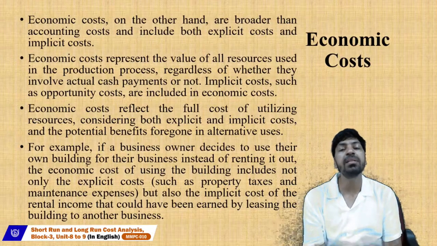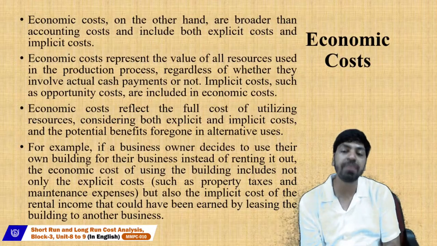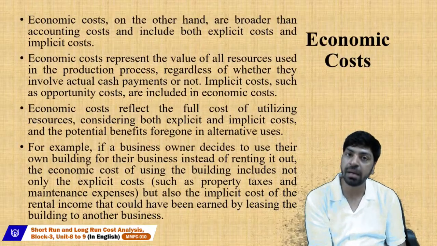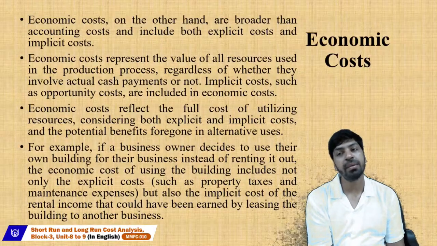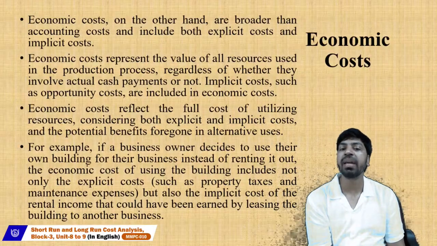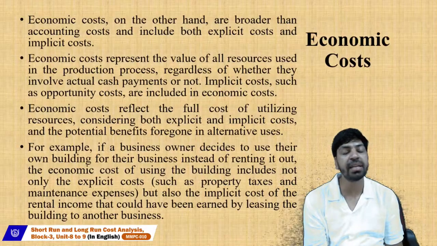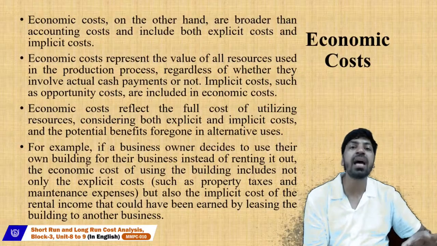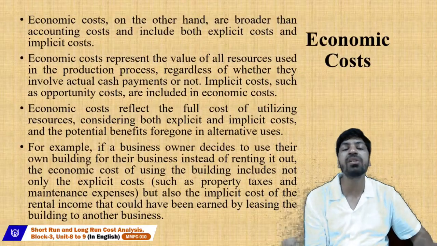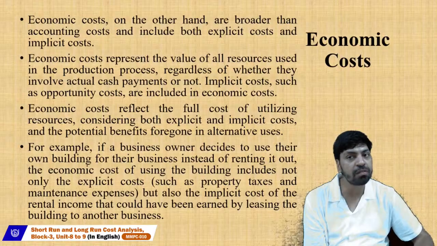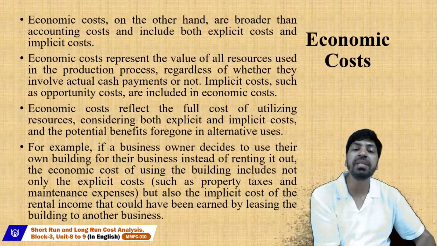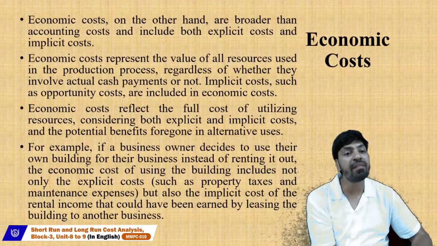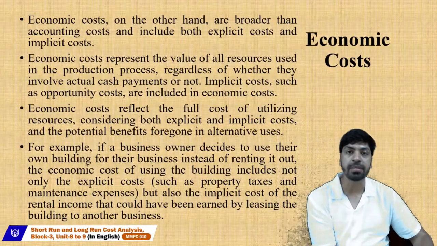In this example, it's all about renting out that building so that more rental income could be earned, and that's called the implicit cost, which is a part of economic cost. And of course the economic cost includes both. So any example which includes both parts of cost, or a combination of the two types of cost, implicit and explicit, actually refers to the economic costs.